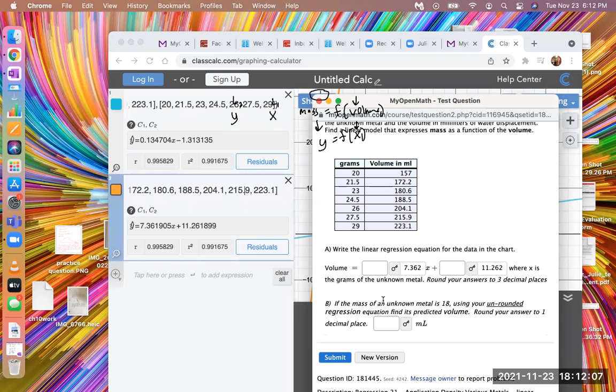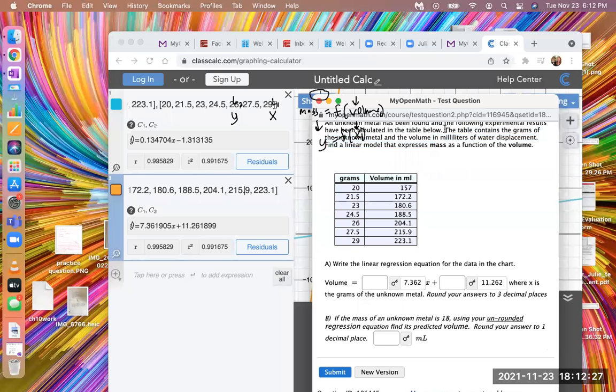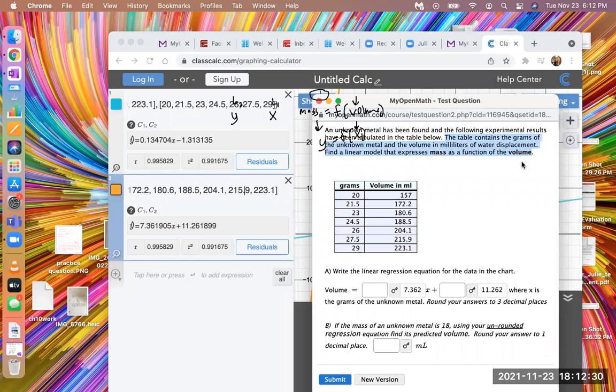So the mass, since we did it, now the mass is X and the volume is the Y. Oh, and they even, okay, so what I would do is ignore this statement and listen to this statement where X is the grams of unknown metal.